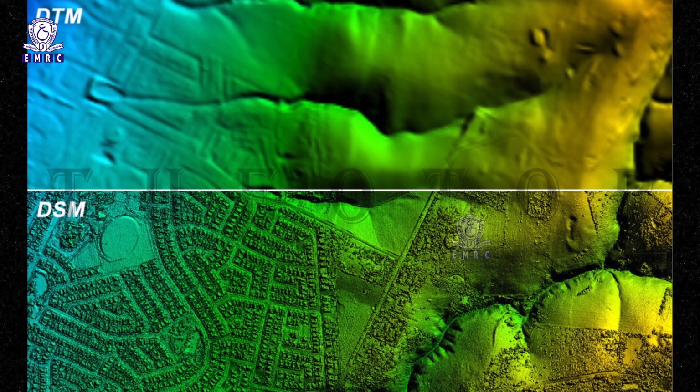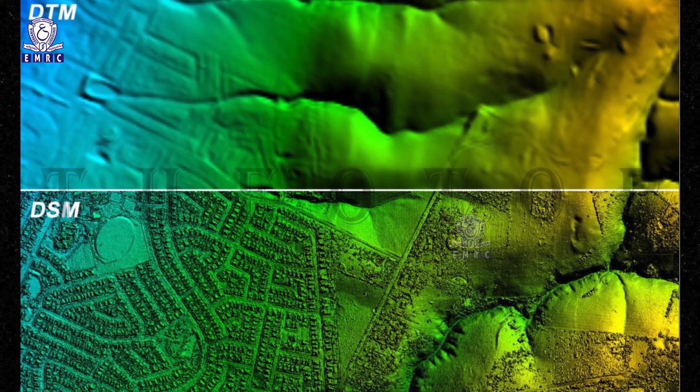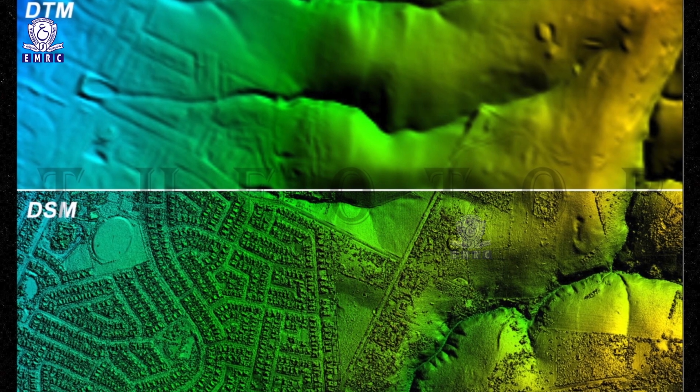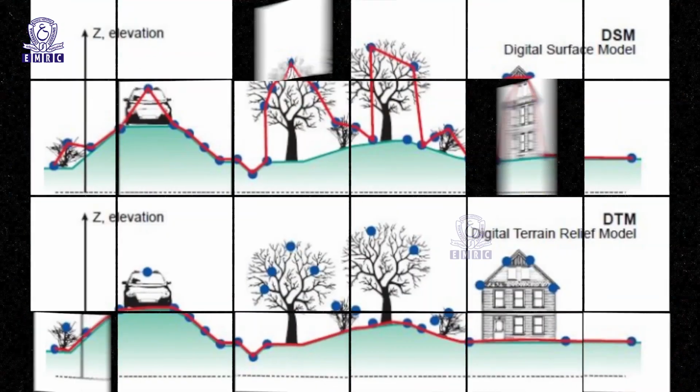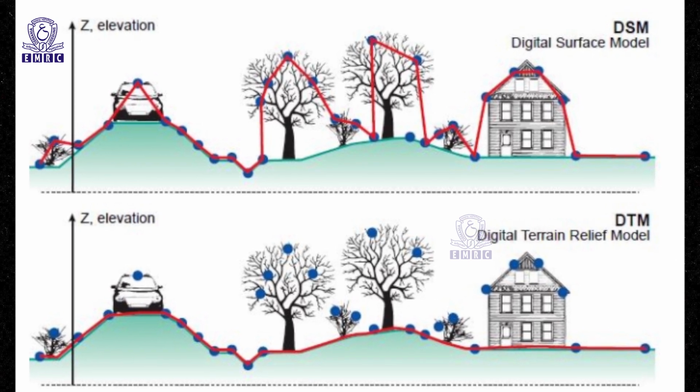DTMs can be created through various methods, including digitized contours and even from the DSMs, using the difference between the height value of the trees and the buildings and their local neighborhood. Therefore, DTMs can also be created from any of the methods used to generate DSMs, from LiDAR to stereophotogrammetry as well as SAR, DGPS and ground surveying, all at varying levels of detail.